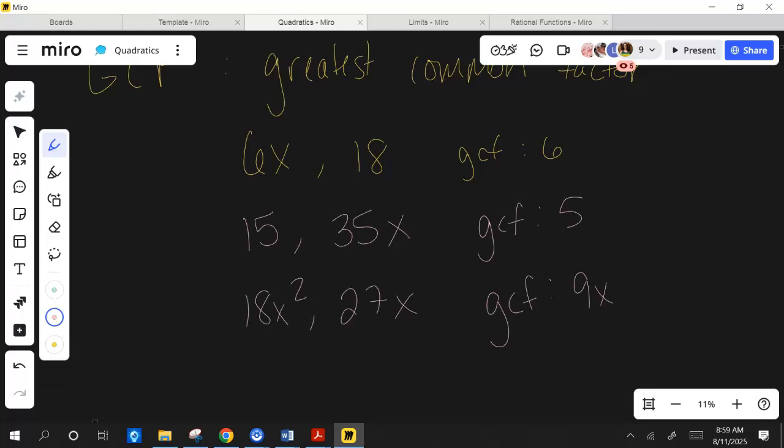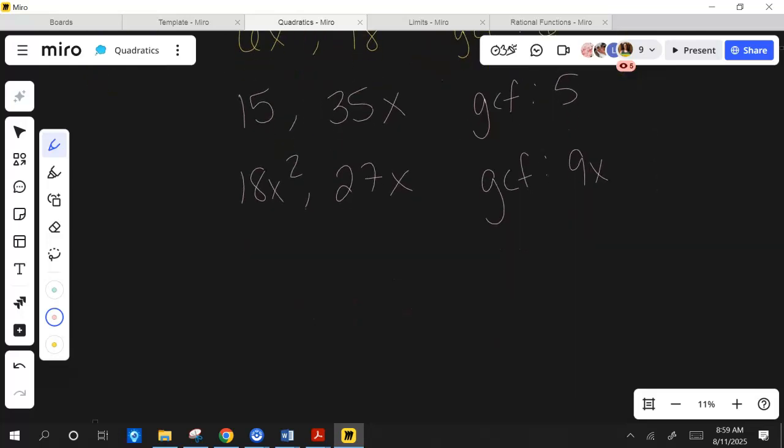Now, what if I threw a plus sign in the middle of these? So let's say I took this same 18x squared and I made it plus 27x and I said take out the GCF. Have y'all heard that before? Do you know what I'm talking about whenever I say take it out? In other words, undistribute it from both pieces and put it on the outside.